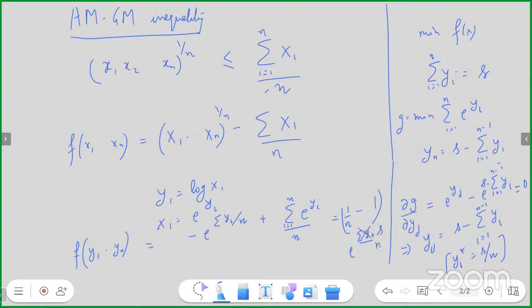Is that correct? What is this minimum value? Just tell me that, for whatever fixed n it is. What is the minimum value of this? That's all you got, but for fixed n.